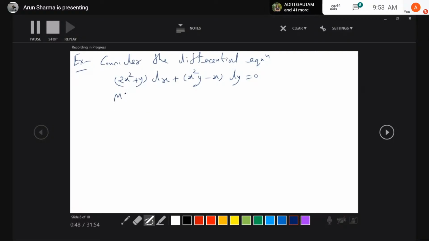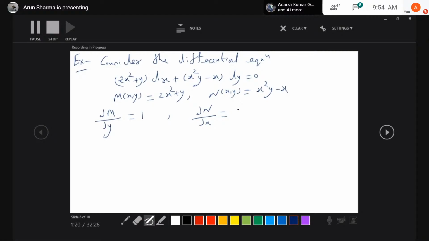So here M(x,y) is 2x squared plus y and N(x,y) is x squared y minus x. So del M upon del y is how much? 1. And del N upon del x is 2xy minus 1.